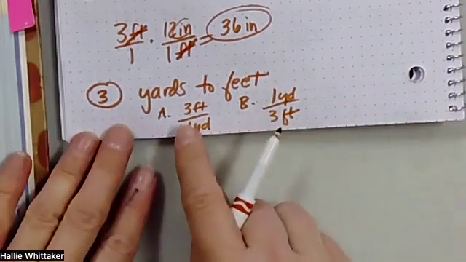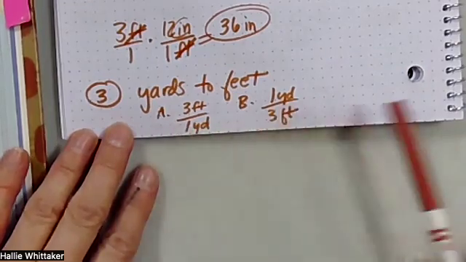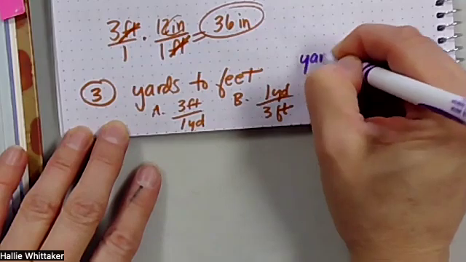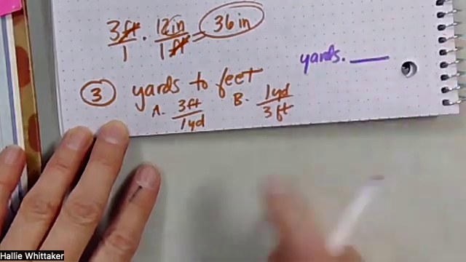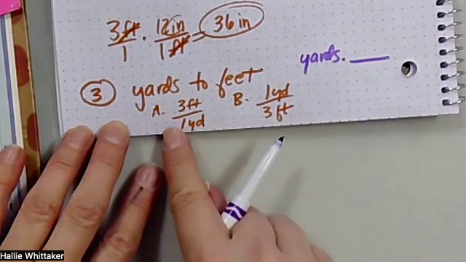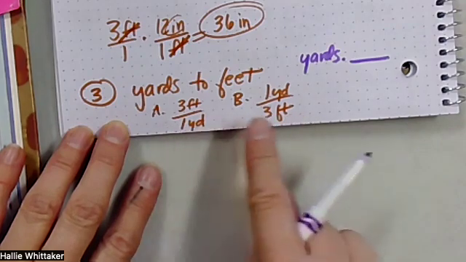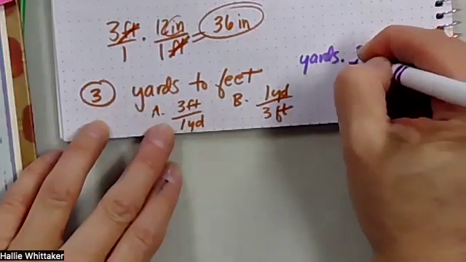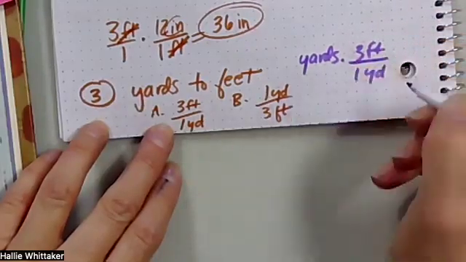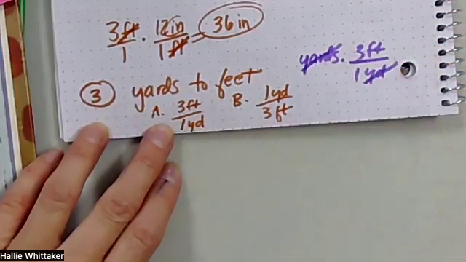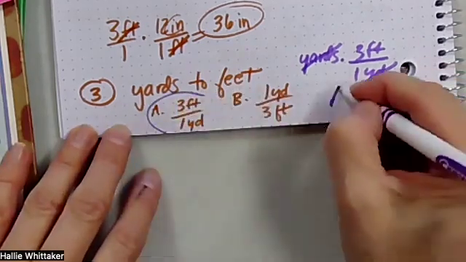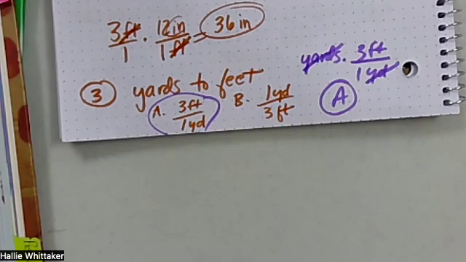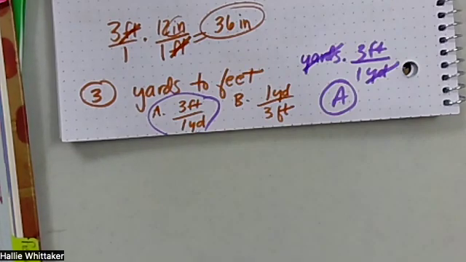And you have to pick if you're going to use A or B. So maybe think about it this way. If you have yards and you got to multiply it by one of these, which one is going to make the yards cross eliminate? Hey, y'all see that? If you do the 3 feet over 1 yard, the yards cross eliminate. So you would pick A as your answer. That kind of makes sense?